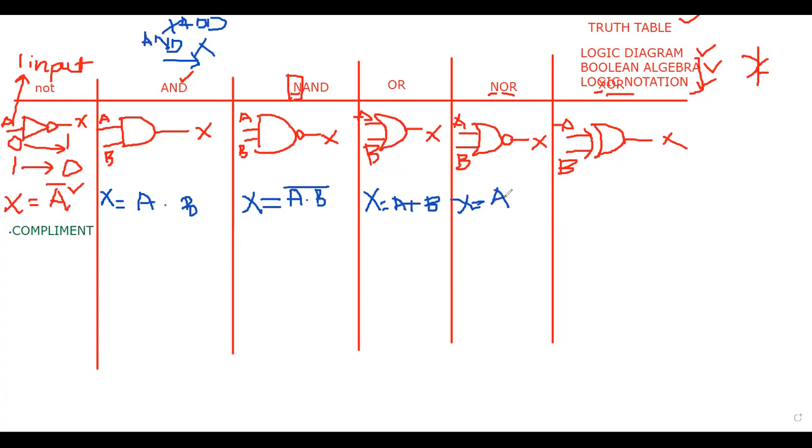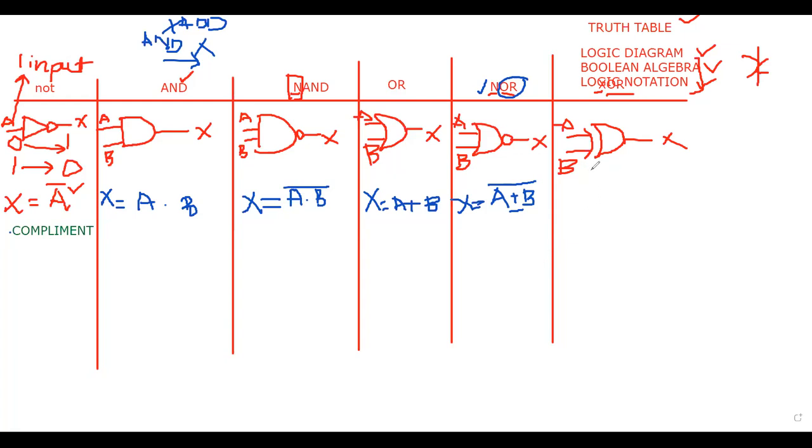A plus B complement. A plus B and on top of it complement. Reason? Because there is an OR gate, I have written plus. And because of this N, I have written the complement on it. Got it now?